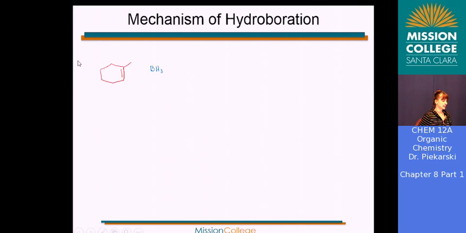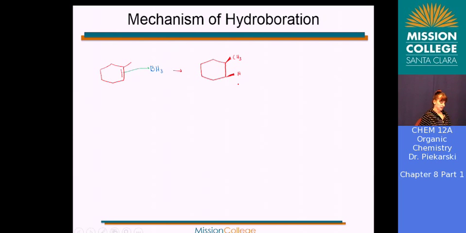You did see it on the previous slide, but basically the double bond attacks, nucleophile to electrophile. And I'm going to have the cyclic alkane on the bottom.